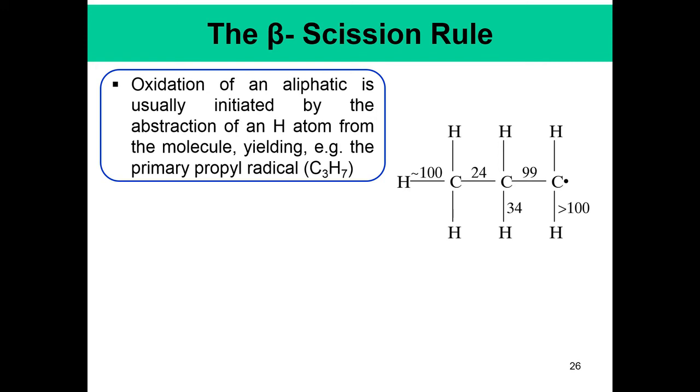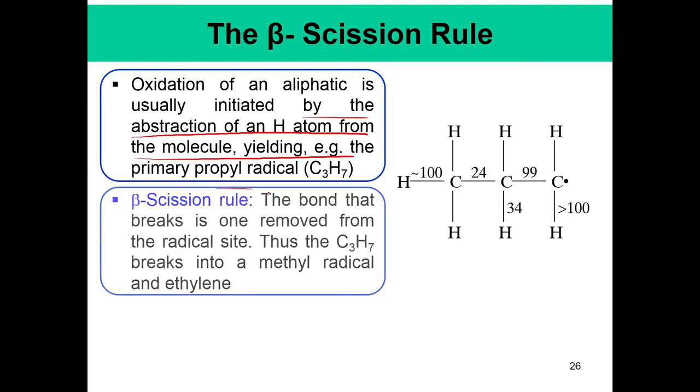The beta scission rule says that the oxidation of an aliphatic is usually initiated by the abstraction of a hydrogen atom from the molecule, yielding a primary propyl radical, and the bond that will break is usually the one that is one removed from the radical side. So, this is the radical side. The bond that is most prone to break is the one that is one removed, not this one, but the one removed from the radical side, which is this one.